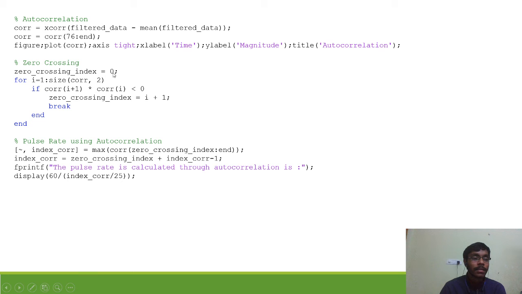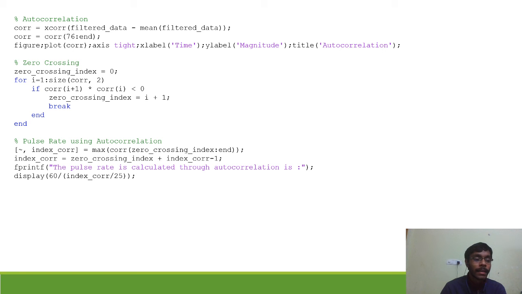By declaring a zero crossing index equal to 0, we checked where the correlation of I plus 1 into that of I is less than 0. That location is the zero crossing, so we break there. Now in the next part, we are just calculating the pulse rate and printing that. That's it.